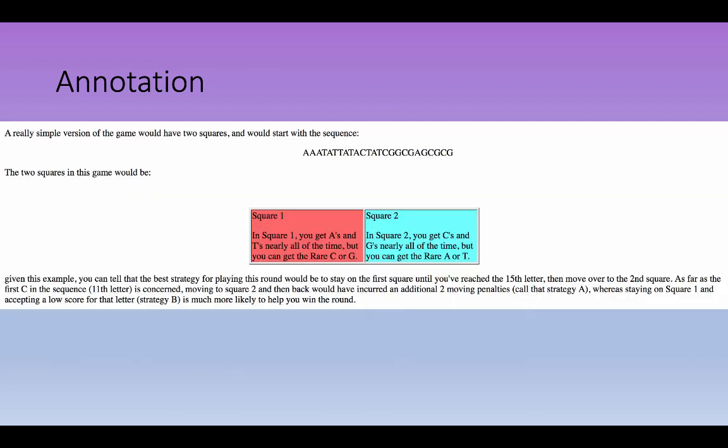And so you end up with a really simple version of this where we just have 2 kinds of cases. Here we would say, okay, we have square 1 where we could have A's and T's, and square 2 where we have G's and C's, right? What we could do is use this to try to figure out at which point I am going to hop from one square to the next. You could think about this as being the same case as that graph.